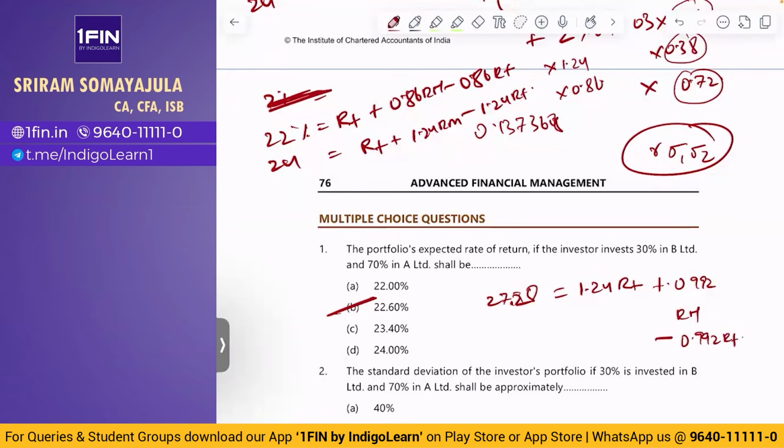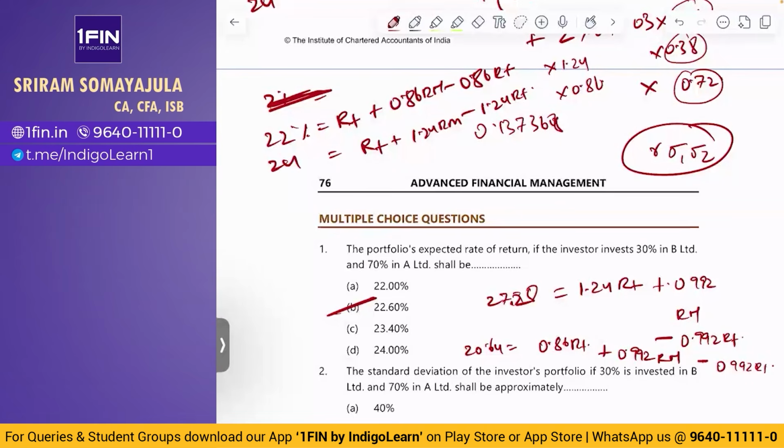The other one is 24 into 0.86. This will be 20.64 is equal to 0.86 RF plus 0.992 RM minus 0.992 RF.